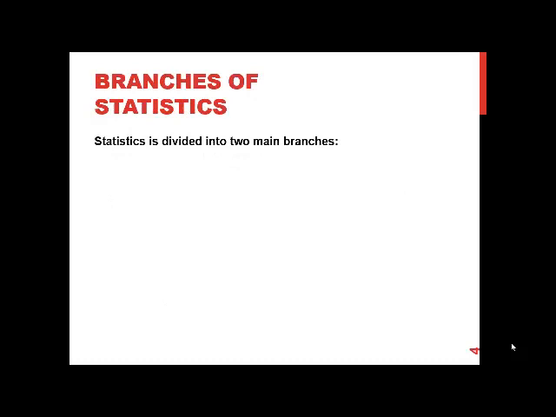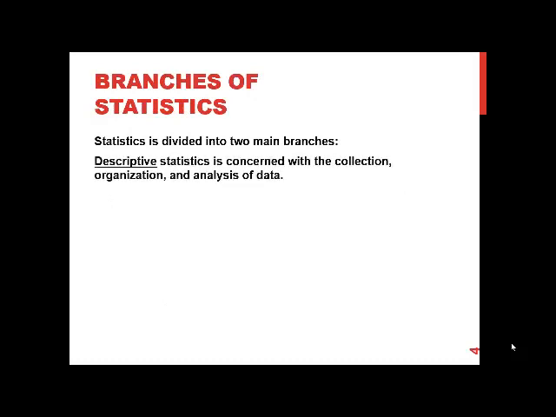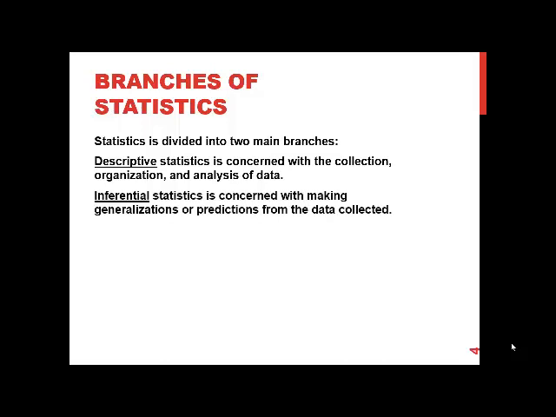Statistics is divided into two main branches. We have descriptive statistics, which is concerned with the collection, organization, and analysis of data. We also have inferential statistics that is concerned with making generalizations or predictions from the data collected.